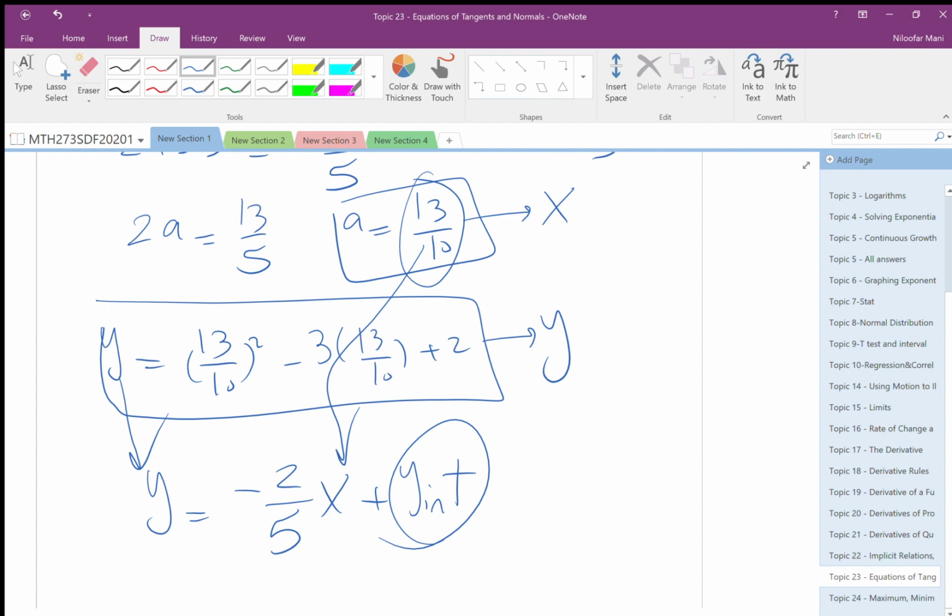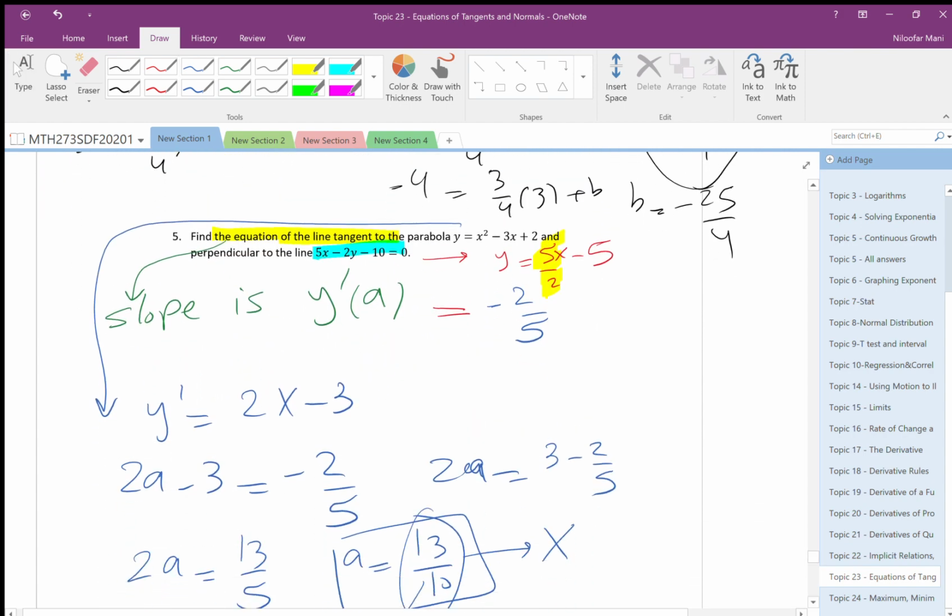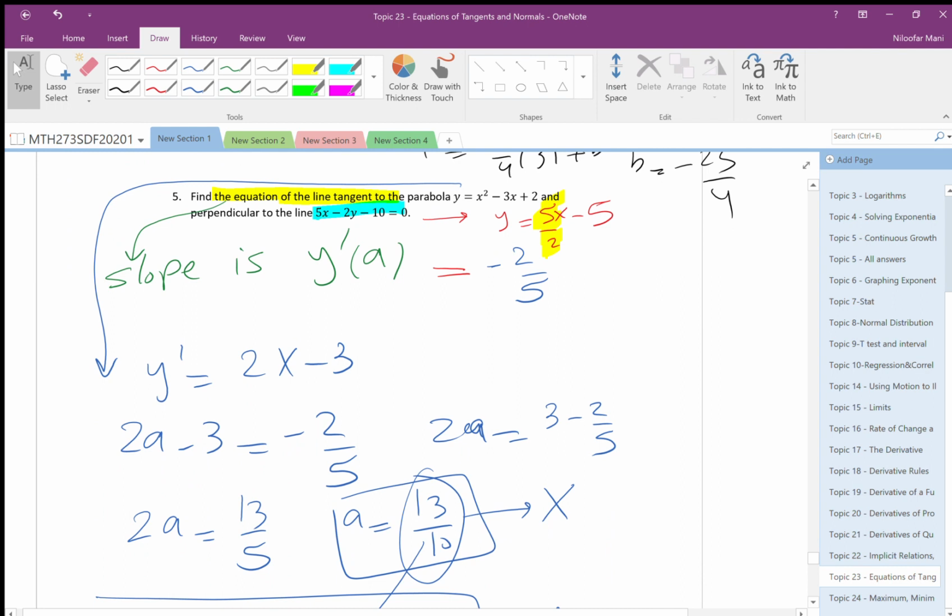It's not hard. It says the equation of the tangent line is perpendicular to the other line. First of all, for the tangent line, you take the first derivative and substitute the point. But what is the point? You don't know, so you substitute a. That's your x of the point.